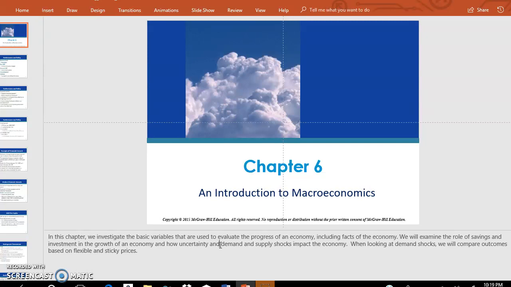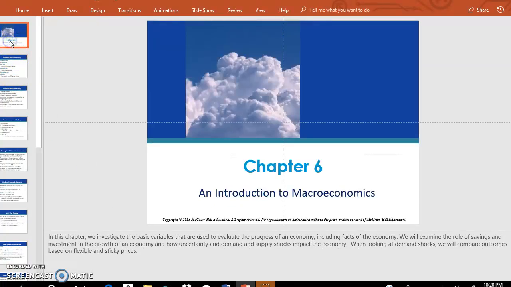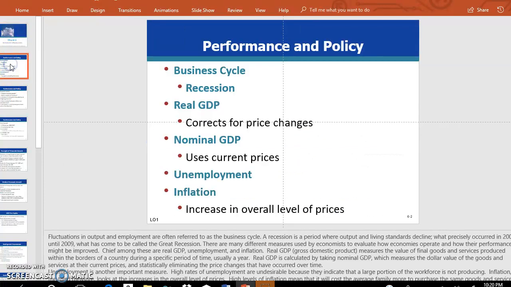And monetary policy of the government is related with money supply and the interest rate, right? So we will talk about those things in more detail later on. Now, this is the introduction of macroeconomics. And now, as we said, the performance and policy, right?